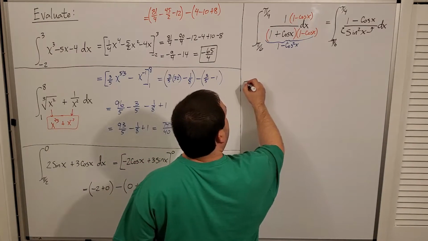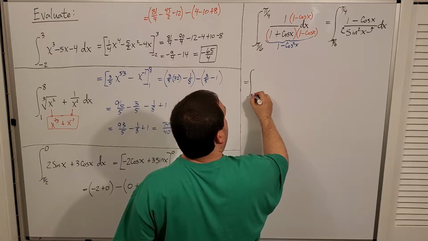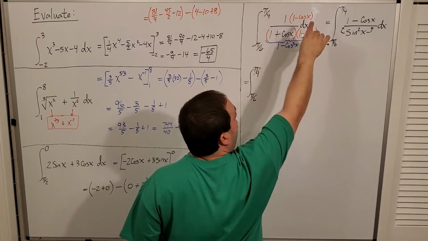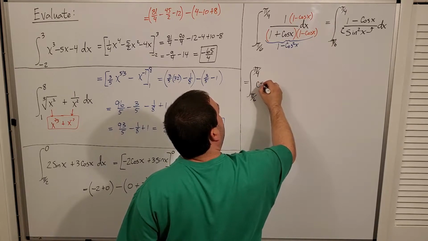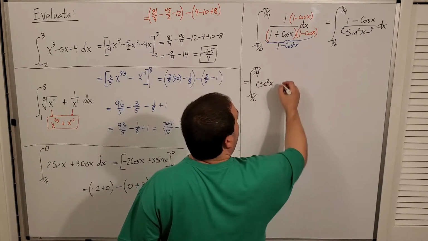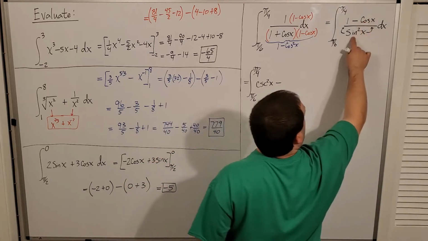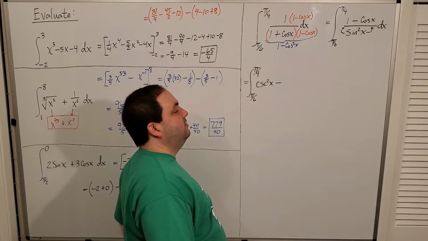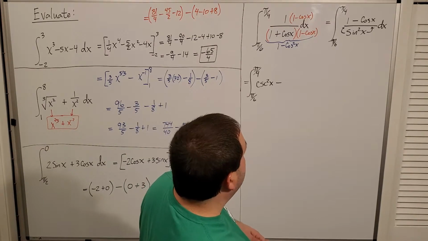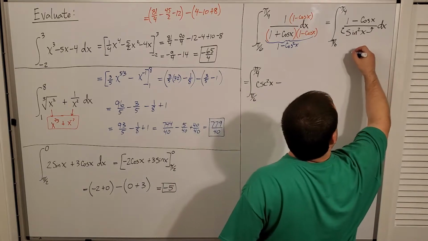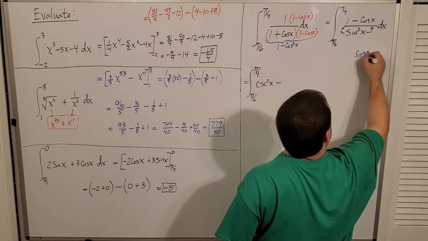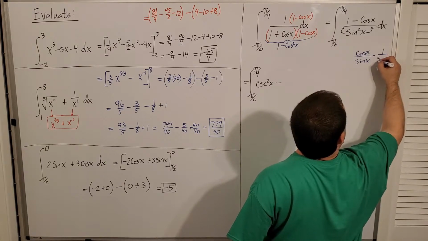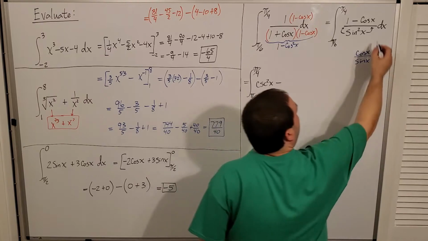So what I now have is the integral from pi over 6 to pi over 4 of 1 over sine squared, which is cosecant squared, minus cosine over sine squared. Okay, let's talk about that one for a second too, right? Cosine over sine squared is the same thing as cosine over sine times 1 over sine, right?